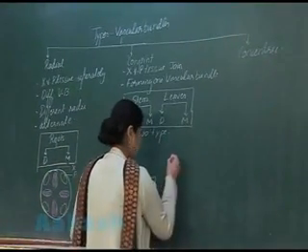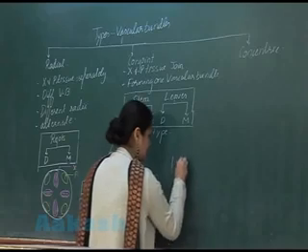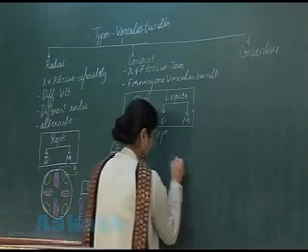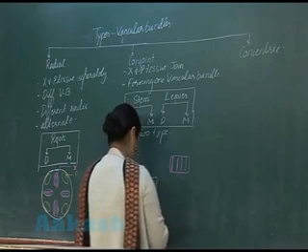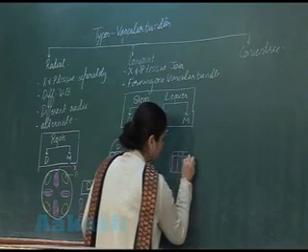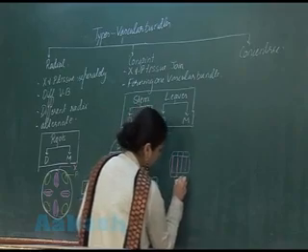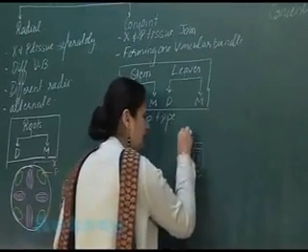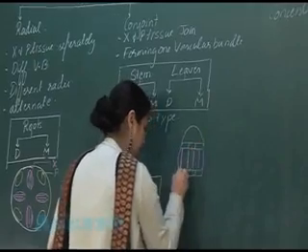Second category. In the center, there is presence of xylem. Above the xylem, one cambium. Below the xylem, one cambium. Above the cambium, there is presence of phloem.